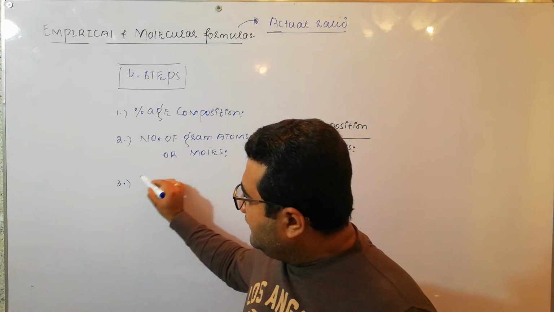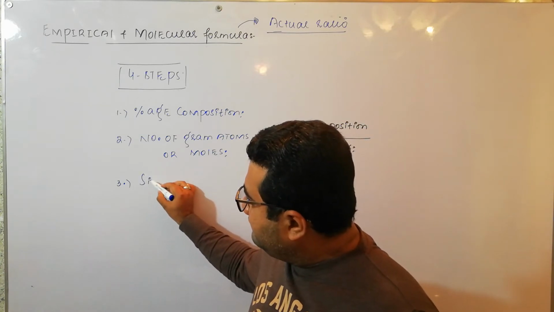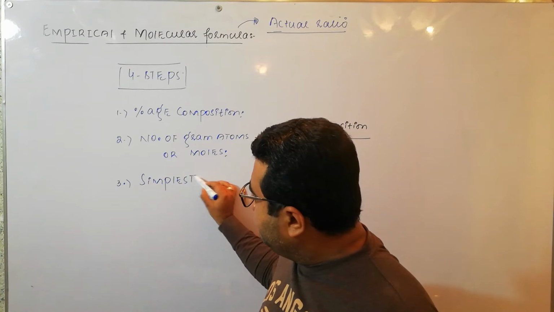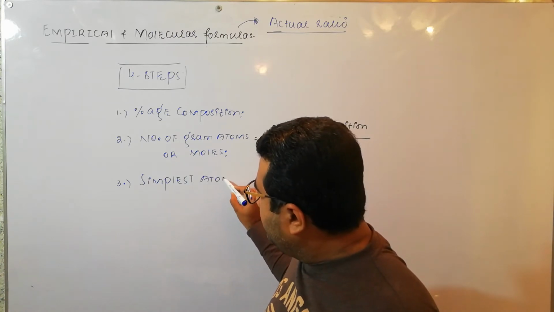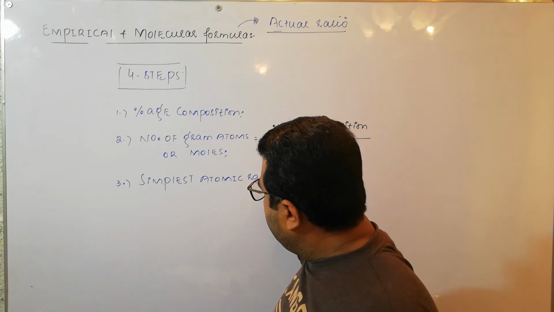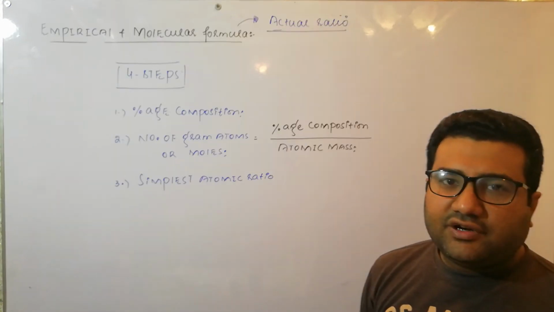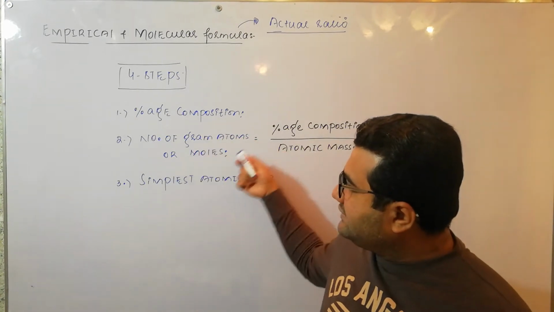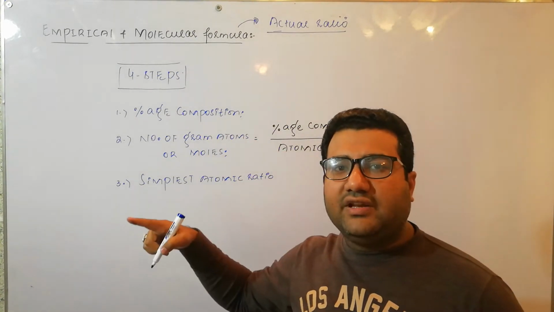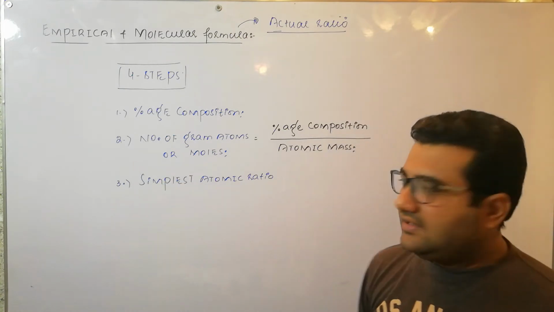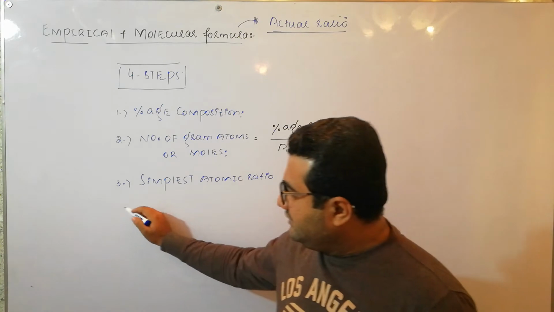The third step is to calculate the simplest atomic ratio. How can we calculate the simplest atomic ratio? We will get some values of the moles and we will divide all the values of the moles with the smallest of those values and we will get the simplest atomic ratio.